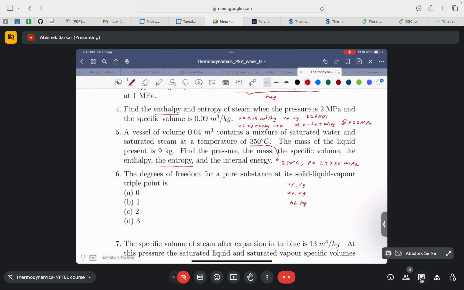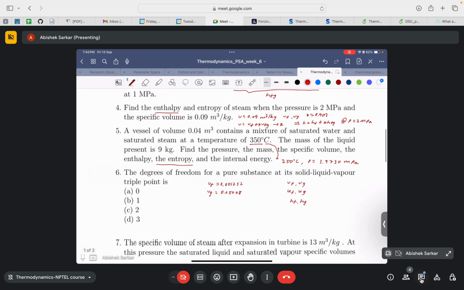Okay, so we have that vf is 0.001252, vg is 0.05008. Okay, good.